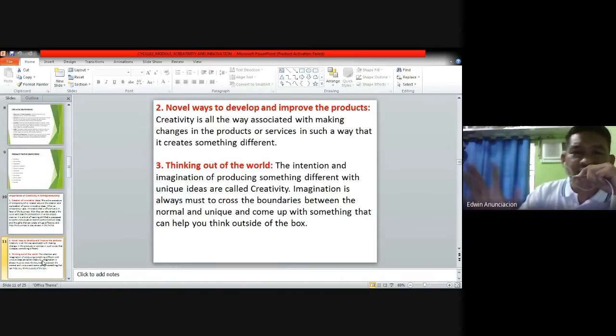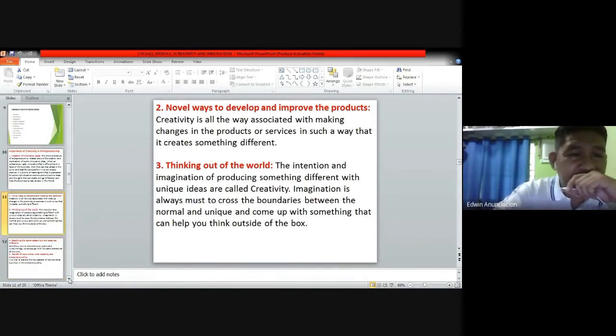No? Yung po kasing creative thinker is hindi lang po siya confined doon sa loob ng box, but rather thinking outside the box. Malawak po ang kanyang thinking. Nako, hindi lang siya confined kung nasaan lang po siya. Okay, next.